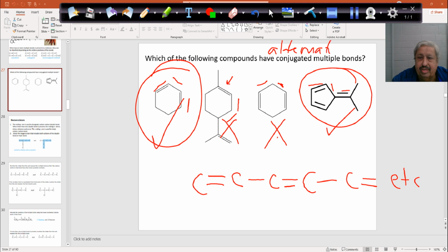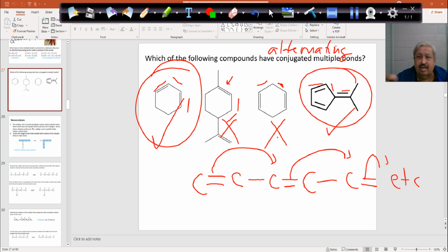And we mentioned that before, that this conjugated system is causing the system to be very, very stable, because the double bonds migrate. So the double bond can migrate from one side to the other side, and it's delocalized.